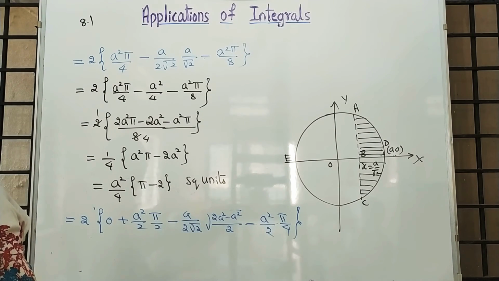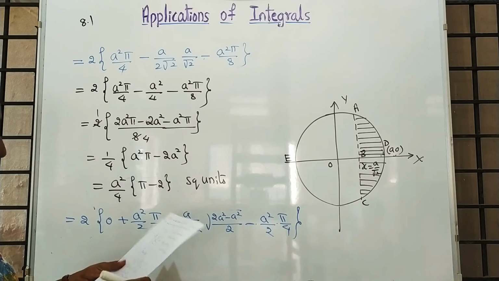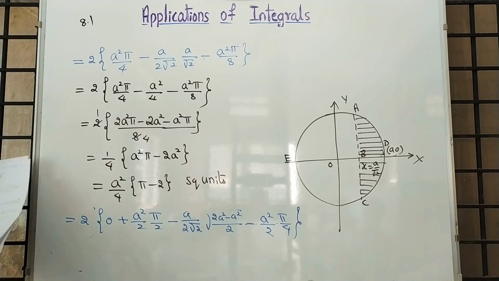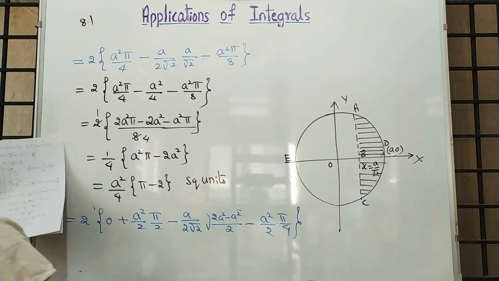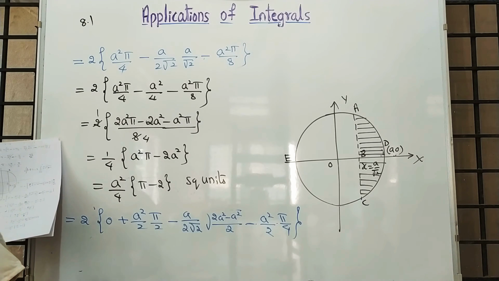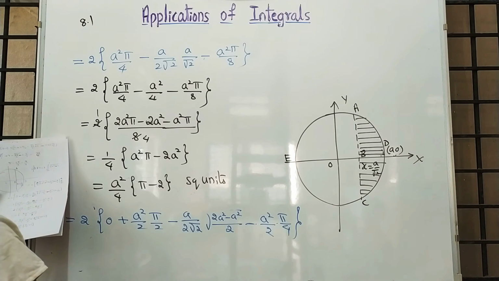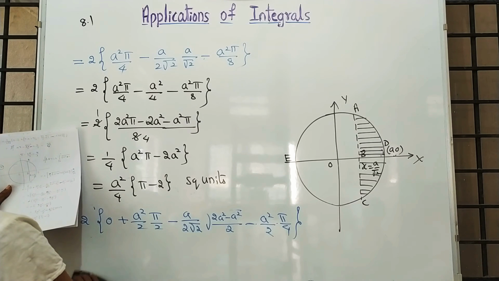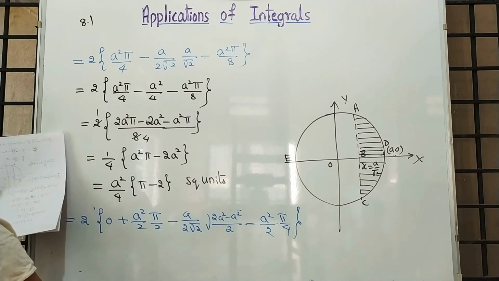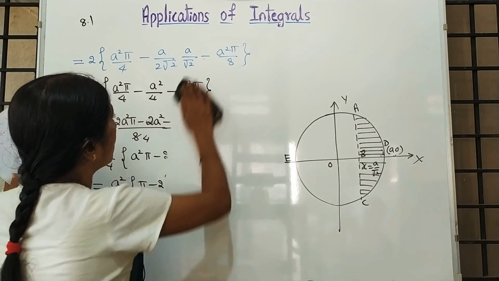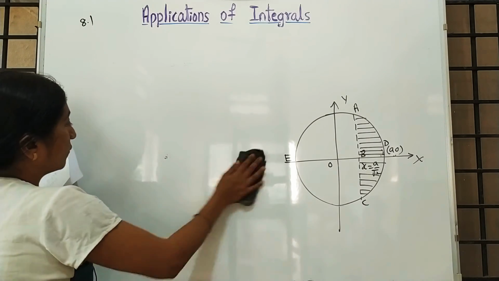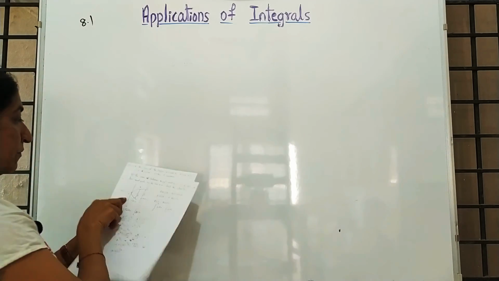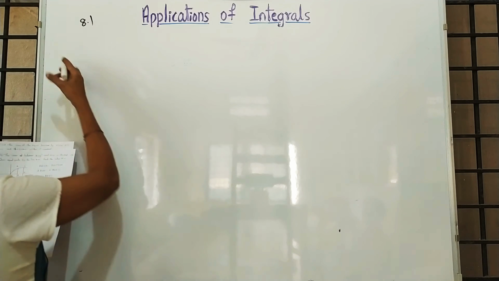Moving to the next question. Next one is the important question. Find the value of a here. Write down the question, question number 8.